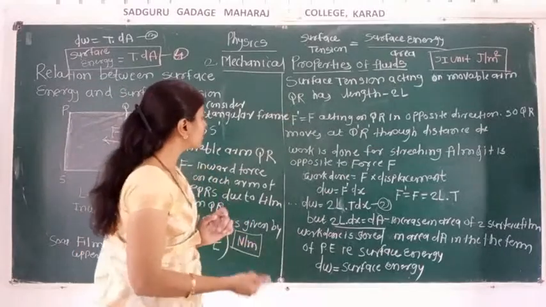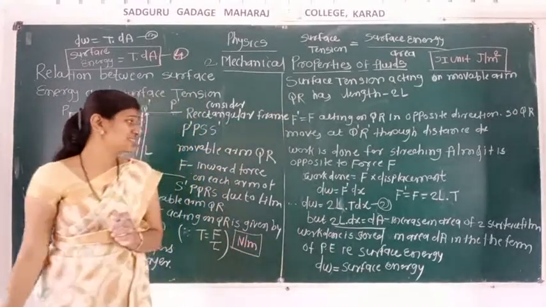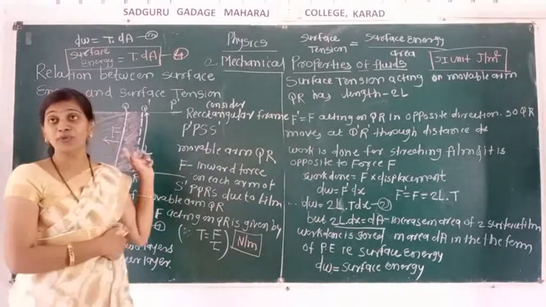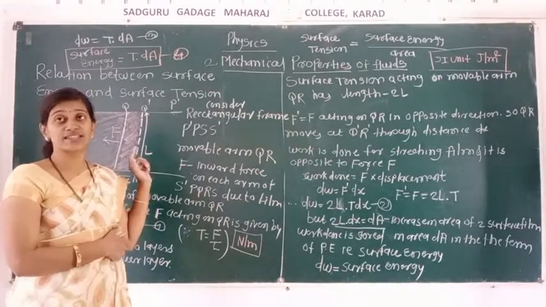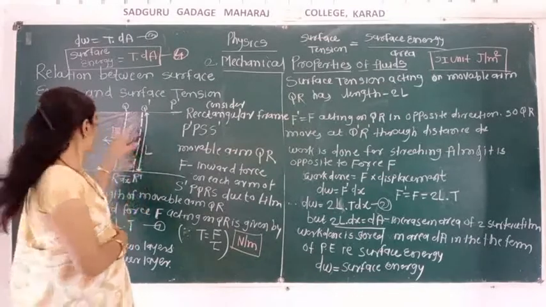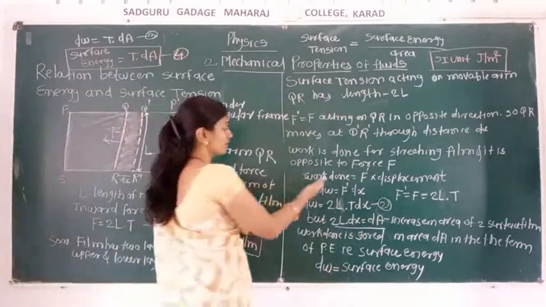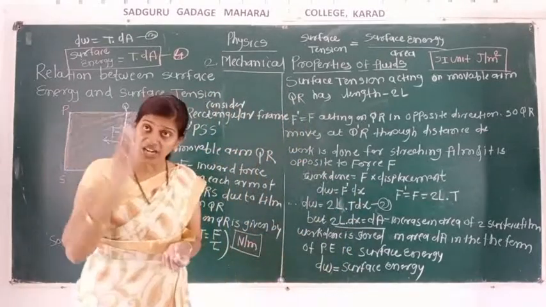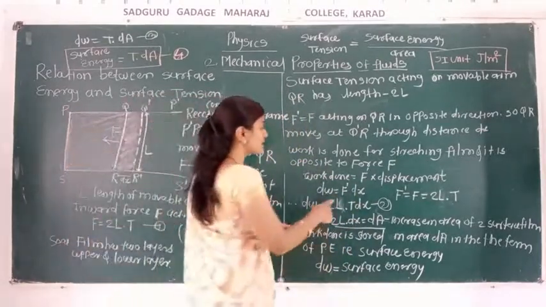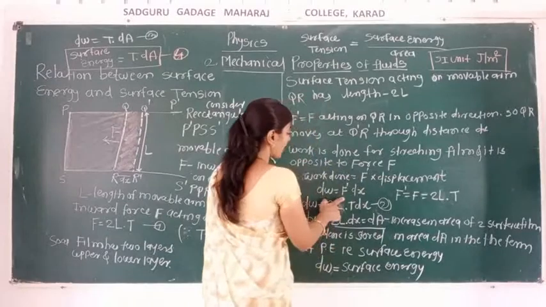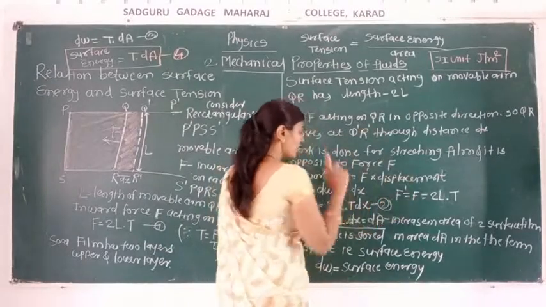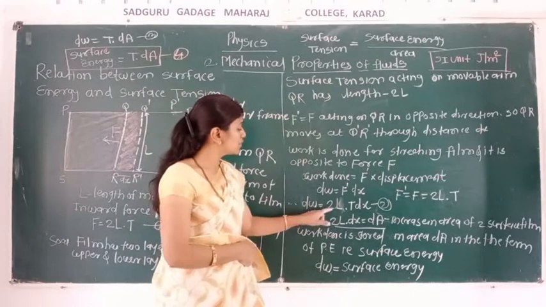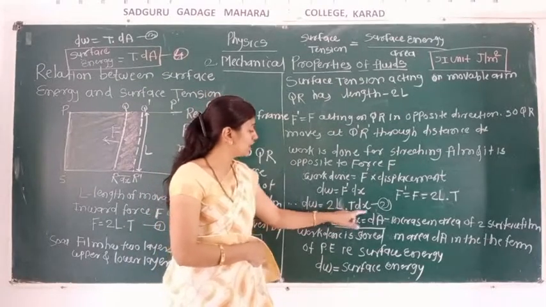Now see that work is done. The work is done for stretching the film, and that work done is opposite to the inward force. The force is acting on the movable arm in the inward direction. So the work done is equal to F' into the displacement dx. F' is nothing but F, having the value 2L into T. By putting this value, dW is equal to 2L into T into dx.